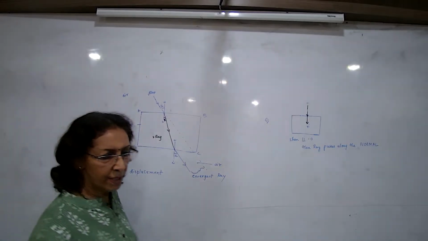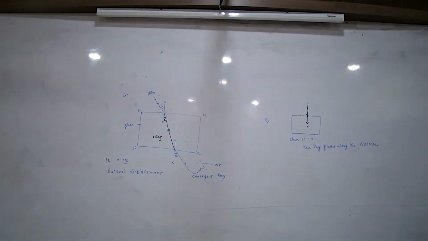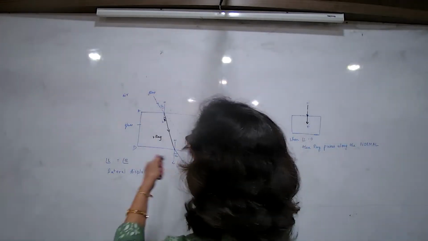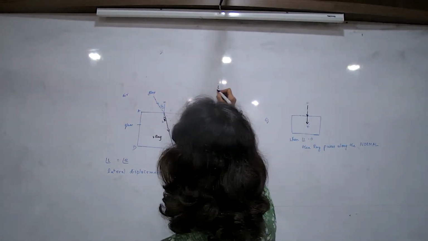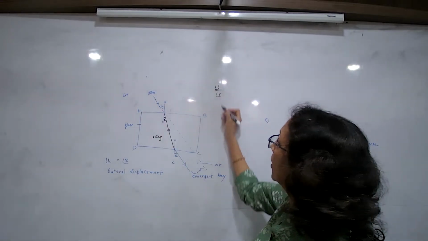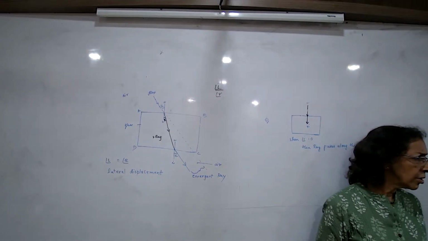Now the second one is interesting. We are talking about the ratio of the sine of incidence, sin I by sin R. Here, this is your angle I, correct? And this is your angle R. In math, I think you have not yet started trigonometry, right?